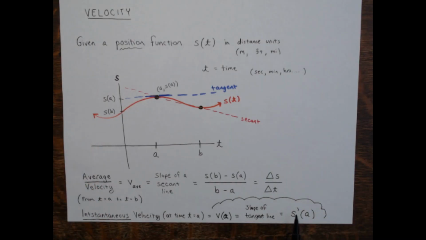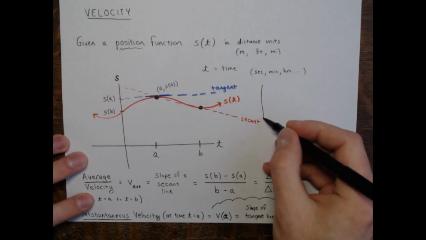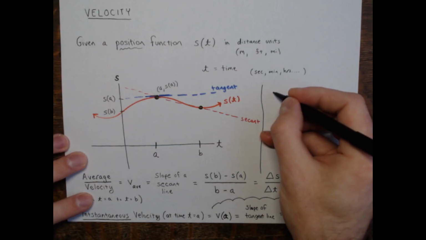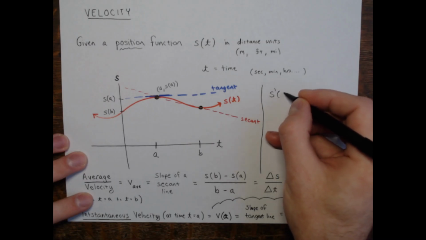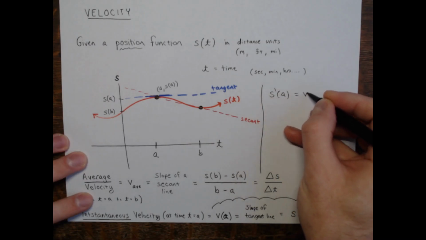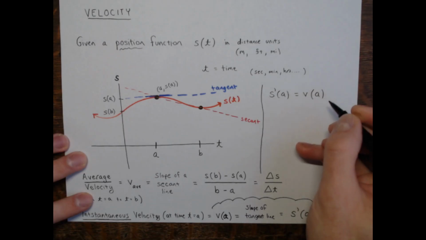And s prime, the derivative, is exactly like f prime I was doing earlier. So we can have t approach a. There's some space over here. So s prime at a, or the velocity v at a.